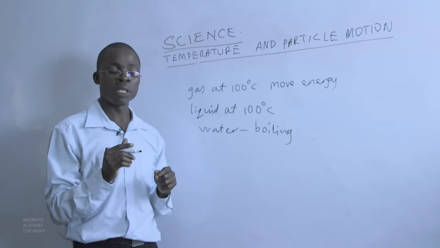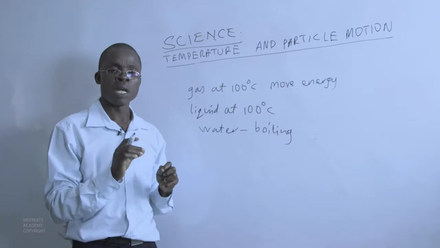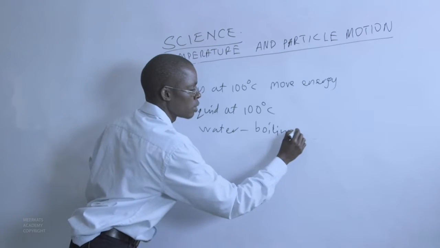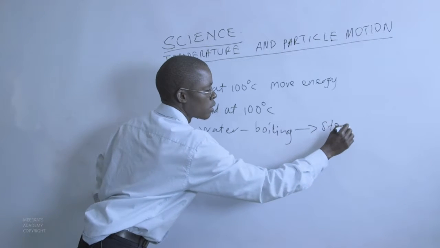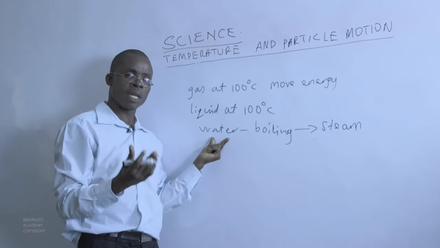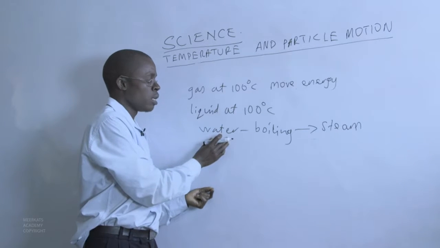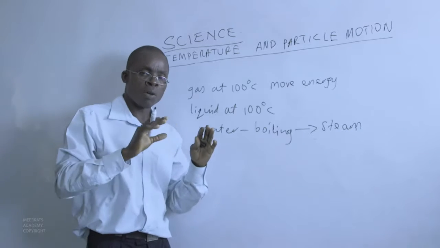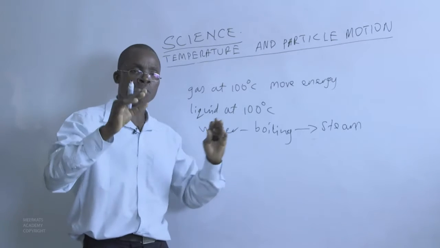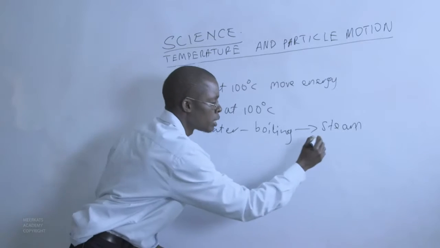And this is achieved by breaking the bonds, weakening the forces that hold the particles in water, so that the particles can be left free to move far away from each other, making it appear as steam, which is a gas.